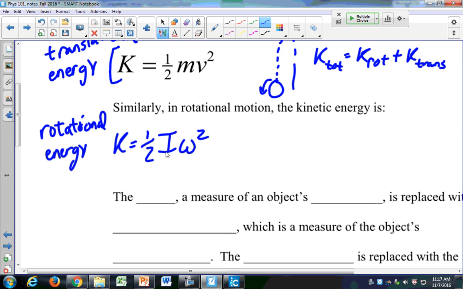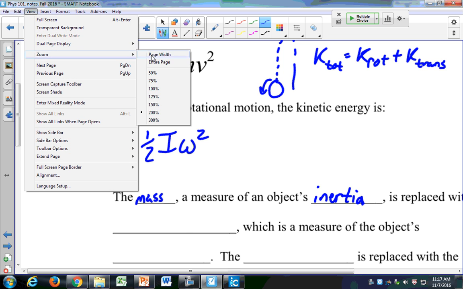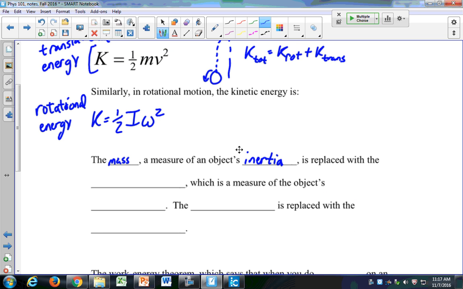So the mass, which is a measure of an object's inertia, is replaced with the moment of inertia. That's that I value, which is a measure of the object's rotational inertia.